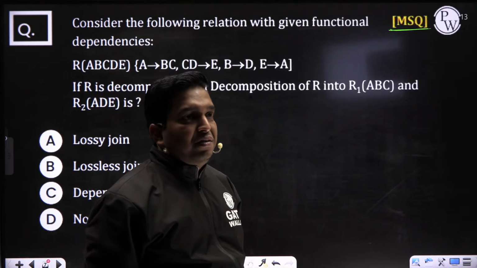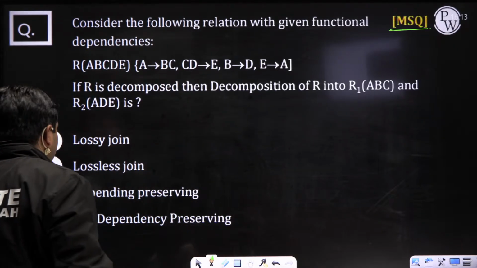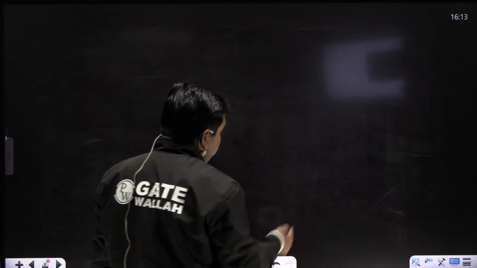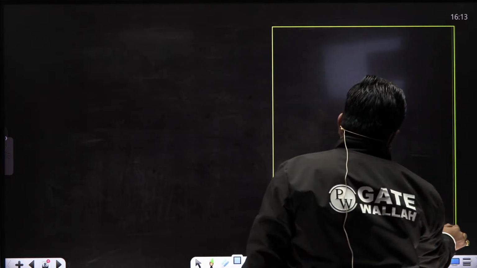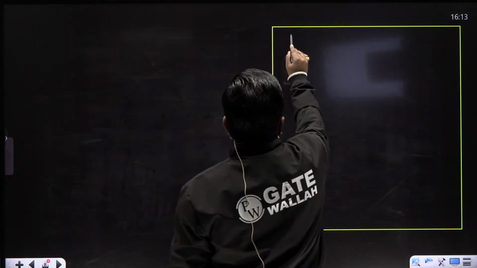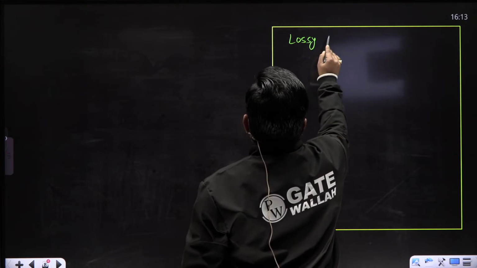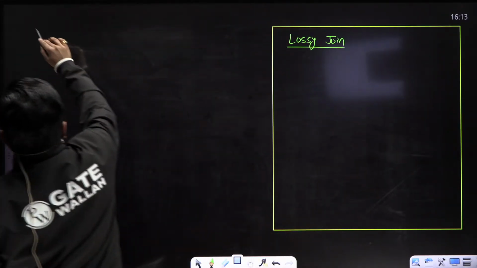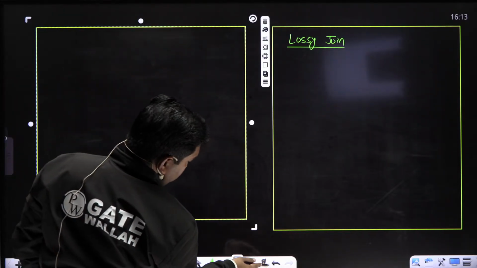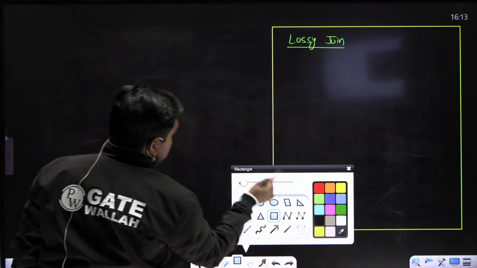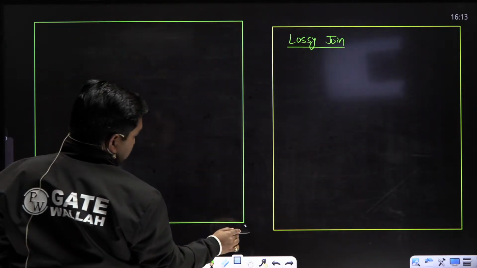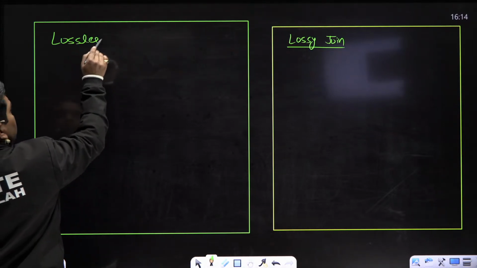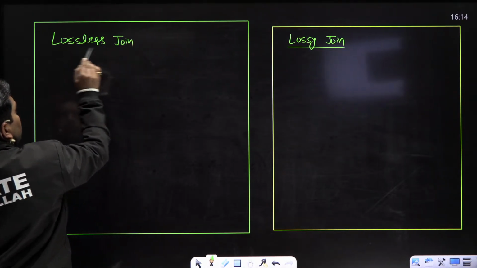Tell me fast. Sir, first of all, can you please tell me the concept of lossy or lossless join and dependency preserving? First of all, I'm talking about lossy join. When is it lossy? Here lossy join and here lossless join.